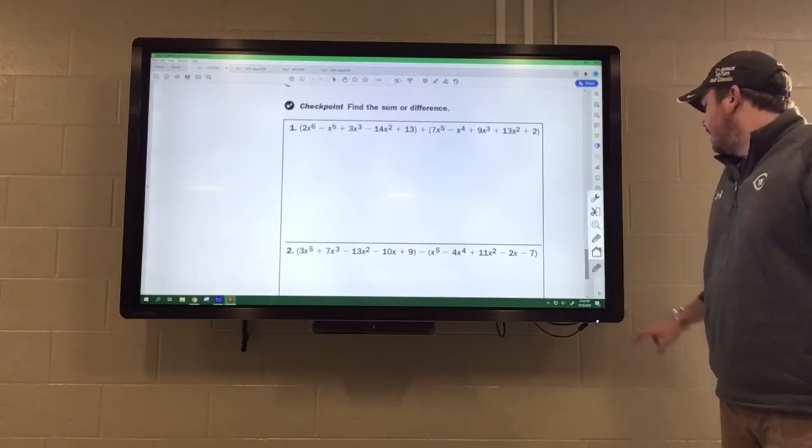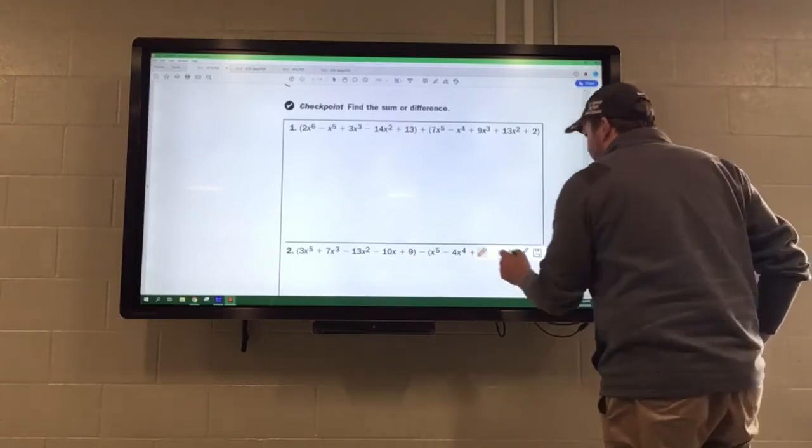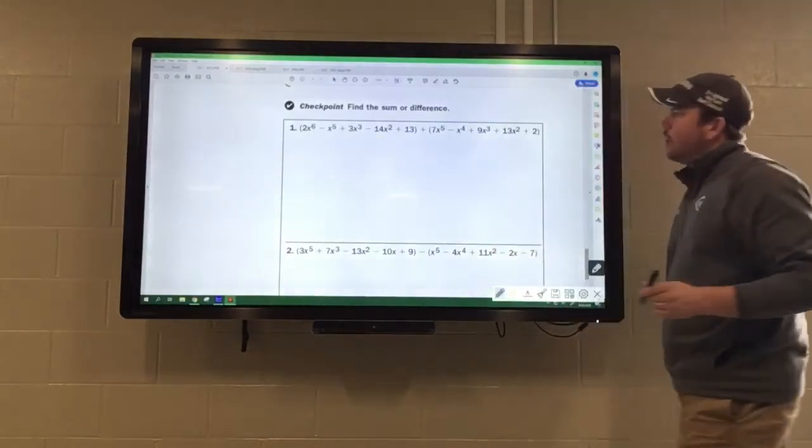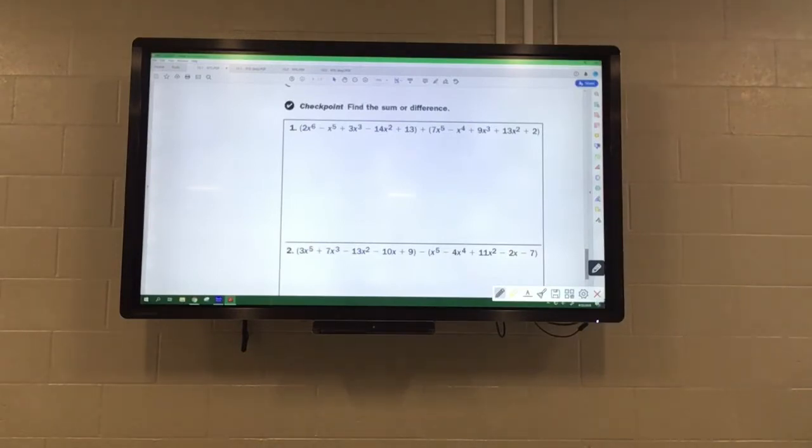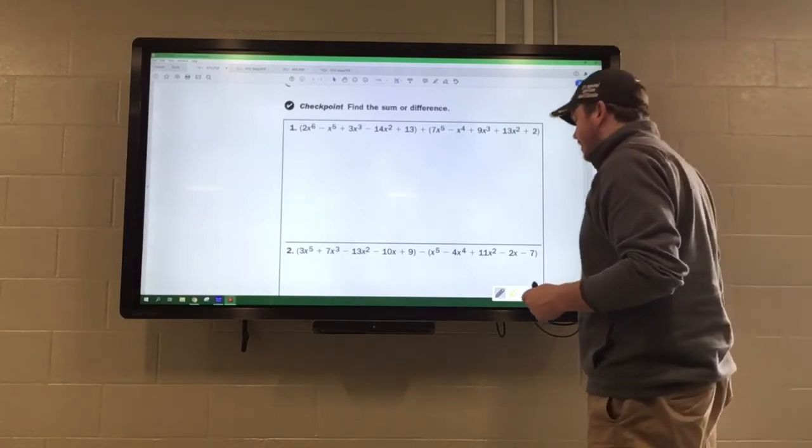So here we have an addition, and here's what I'm thinking. I am going to rewrite both of these polynomials in standard form. You know what, even better, looking at this, they both already are in standard form. So let's go ahead and just add these together, and we're going to do the horizontal method.